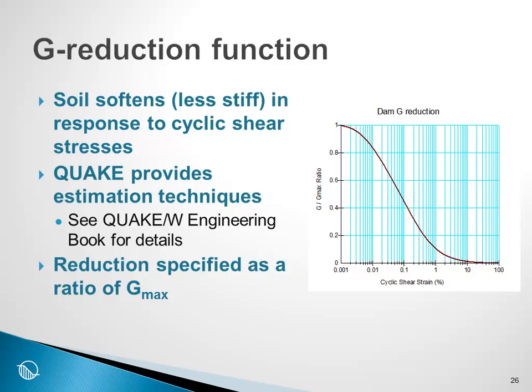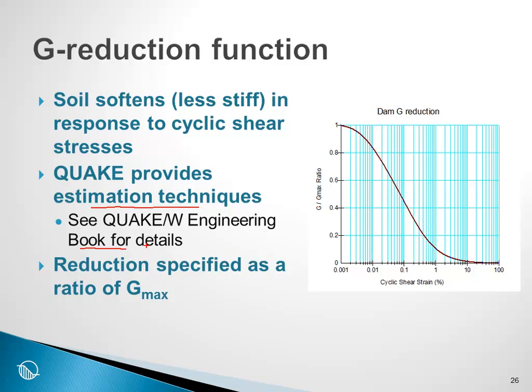Then during the earthquake shaking, as the ground moves, the soil softens, that is, becomes less stiff in response to the cyclic shear stresses. And consequently, we have to modify Gmax in response to the shear stresses, as I mentioned a little bit earlier. Once again, as with the actual stiffness G, we provide estimation techniques in the software, and the details of these estimation techniques are again provided in the QUAKE/W engineering book.